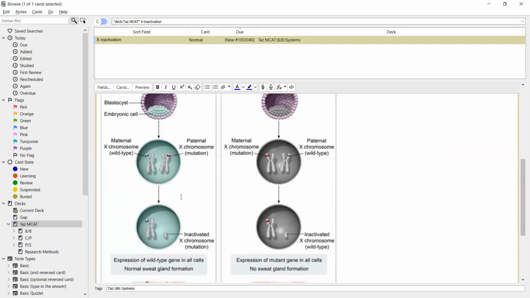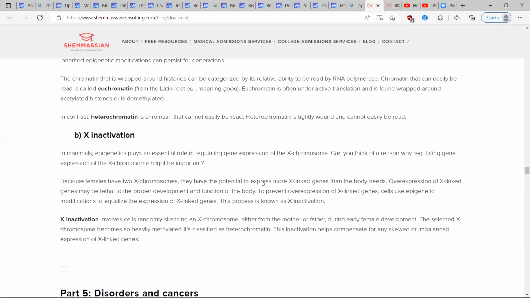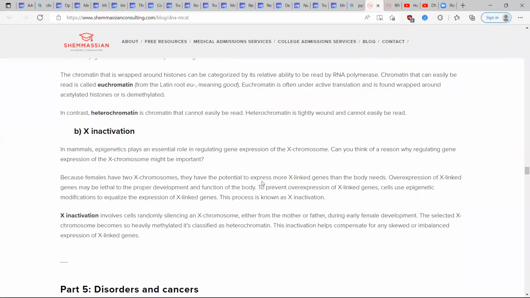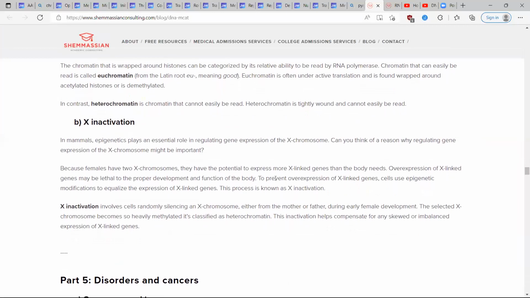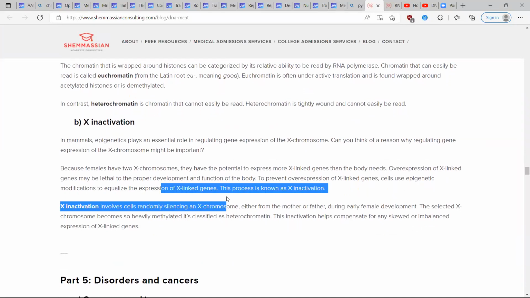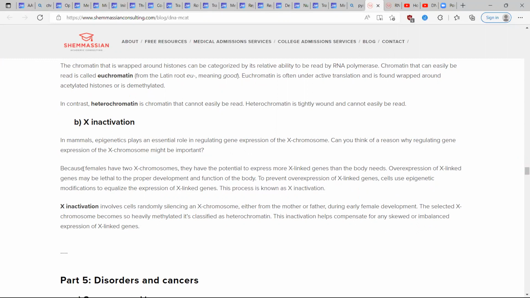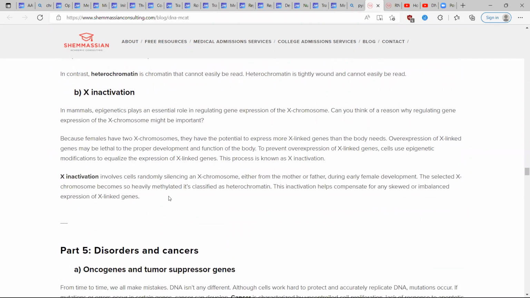This is kind of hard to explain. They basically inactivate the X because in females there are two X chromosomes, right? So to prevent too much expression of X-linked genes, we use epigenetics to inactivate one of them, and we randomly silence either the one from the mom or from the dad.